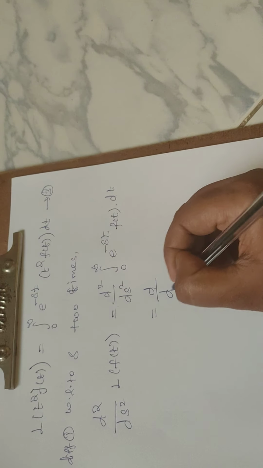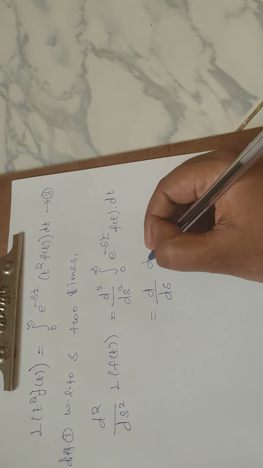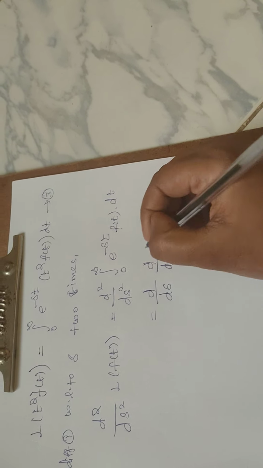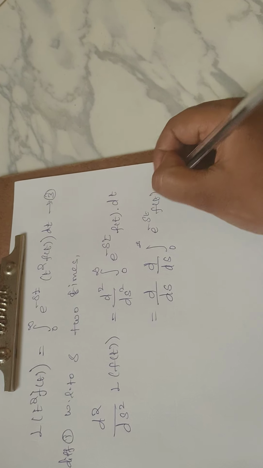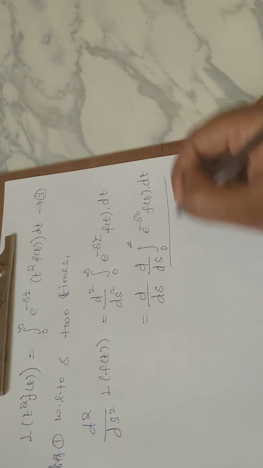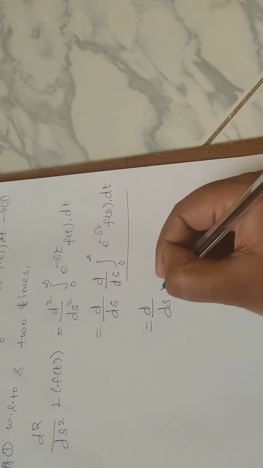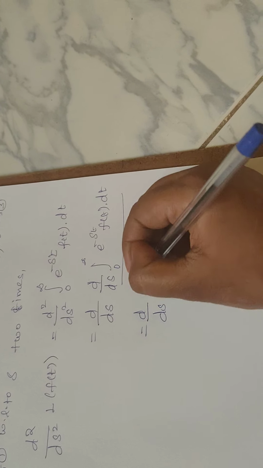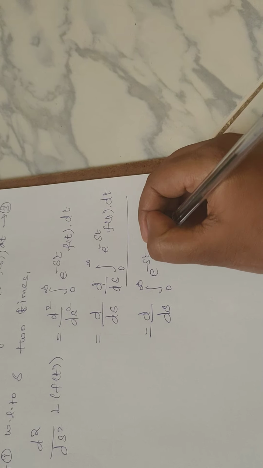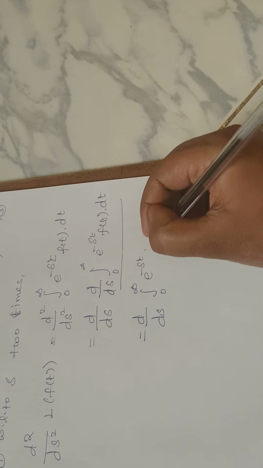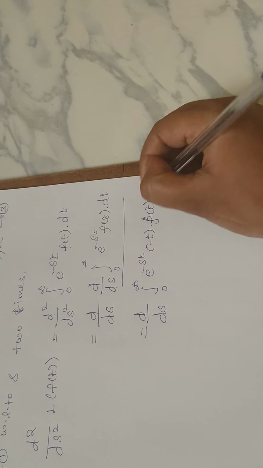So this is nothing but d by ds of the integration from 0 to infinity of e power minus st f of t dt, which we already found to be d by ds of the integration from 0 to infinity of e power minus st, minus t f of t dt.